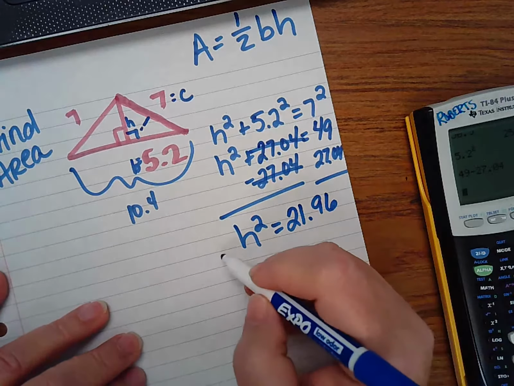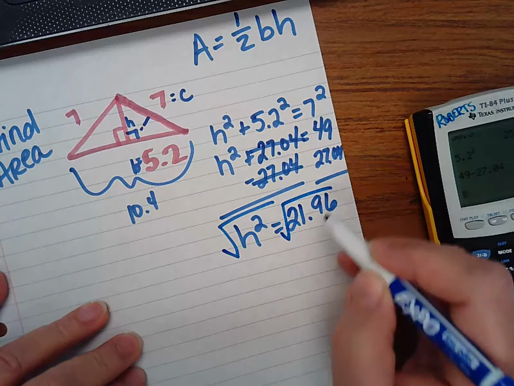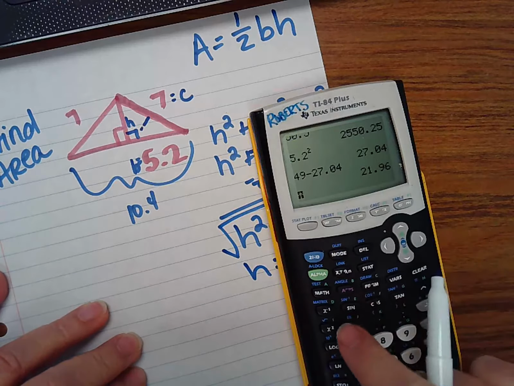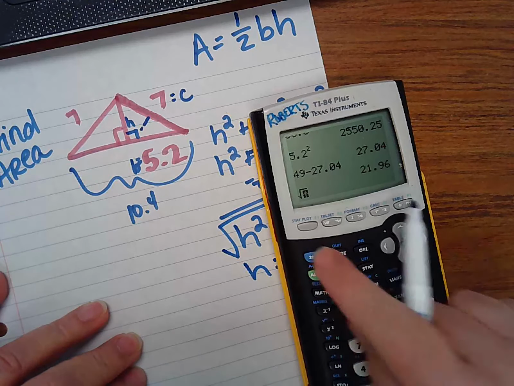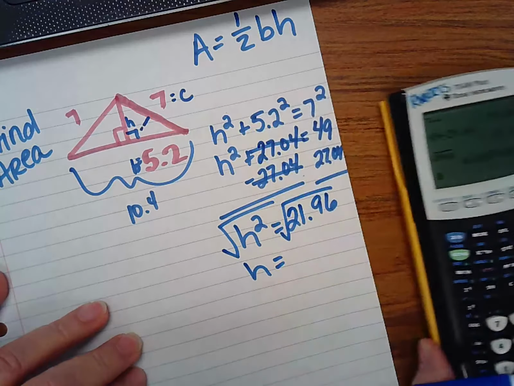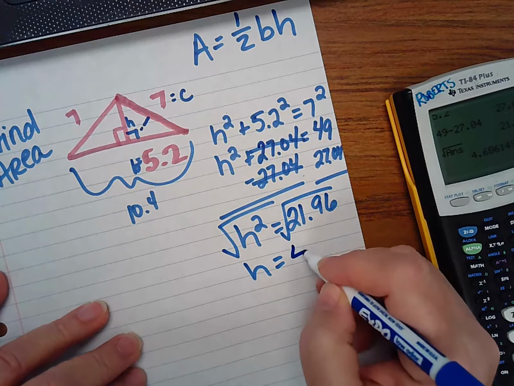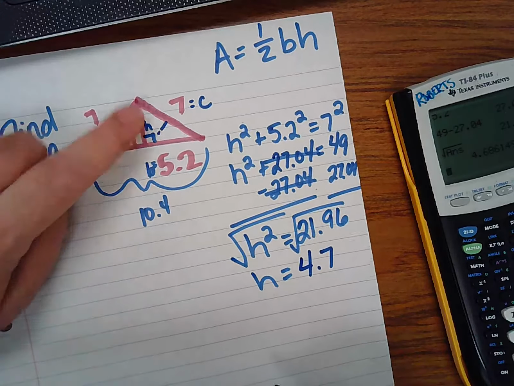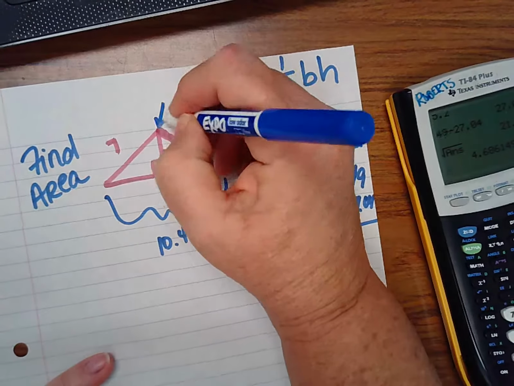Okay, I'm going to take the square root of both sides to get h by itself, and h equals the square root of 21.96, which is, and we're going to round to one decimal place, 4.7. So the height of this triangle, right in here, is 4.7.